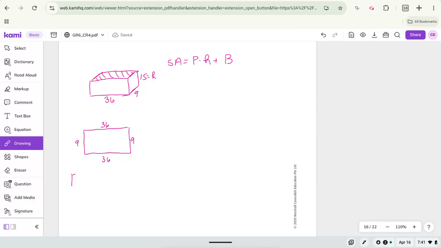So the perimeter of the base would be 36 plus 9 plus 36 plus 9, adding up all the sides, and that totals 90. And then capital B represents the area of the base. The area of the rectangle is length times width. In this case, 36 times 9, which is 324.